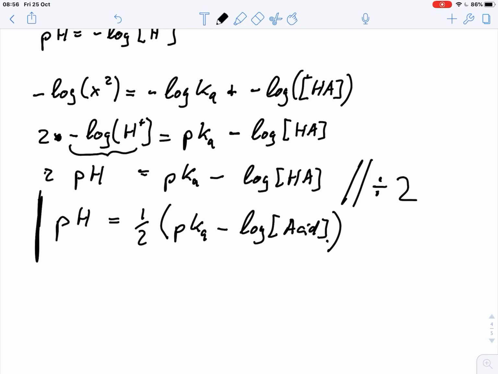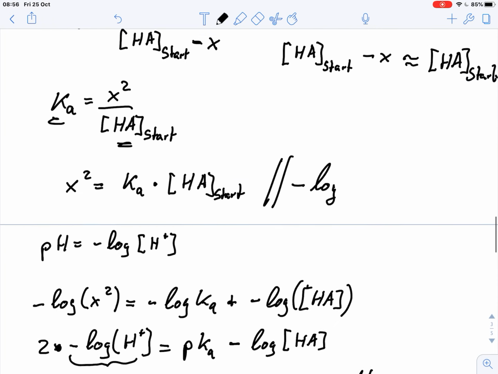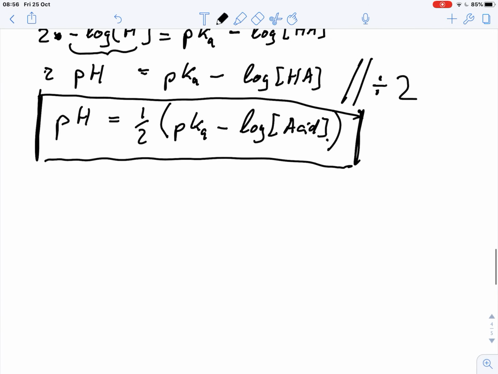So that is an equation that roughly allows us to calculate the pH of a weak acid. Now this equation only works with the assumption that the acid does not dissociate totally, and that the dissociation of the acid is actually fairly small.